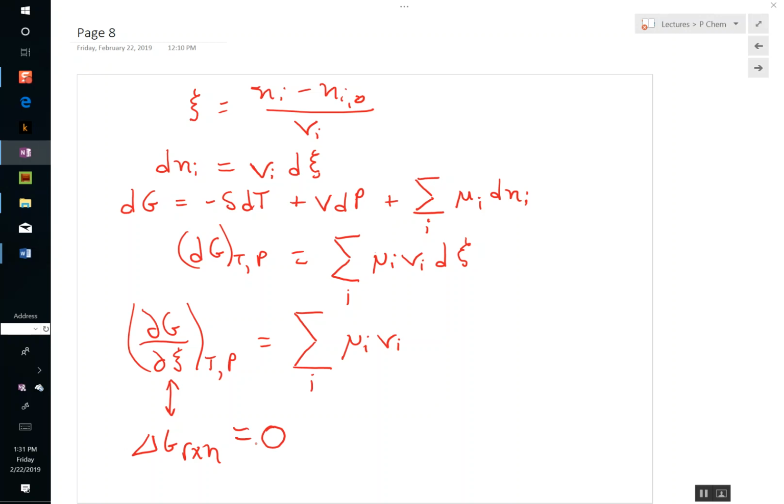It's a dynamic equilibrium, moving back and forth between reactants and products. The delta G would be zero, which means that's going to correspond to this term equaling zero.